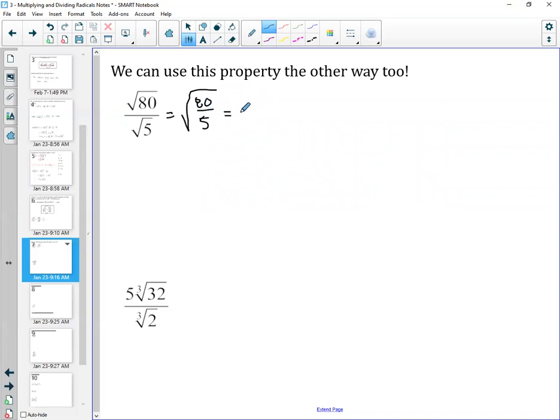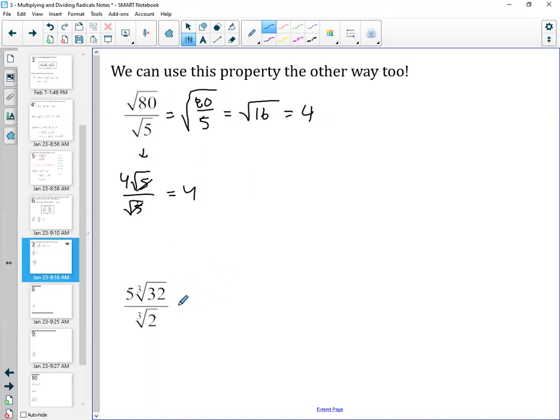You're like, well, 80 over 5 is 16. That's true. Square root of 16 is 4. So that makes this a little easier. If you had simplified this radical, you would have found that the square root of 80 is 4 root 5, over root 5. And root 5 cancels out, you just get 4. So there's kind of two ways to do this one, but whatever.